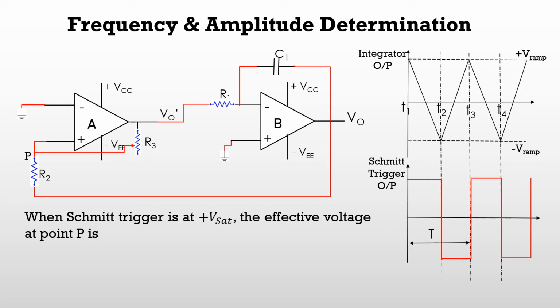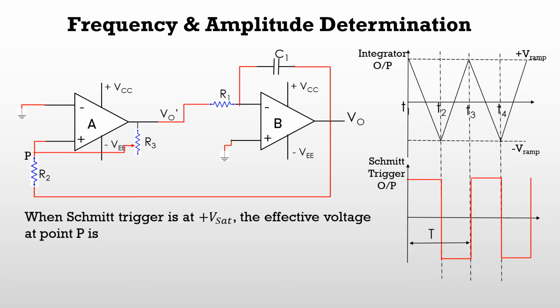Just before the switching occurs, we are going to find the potential at the point P of this circuit, which is the input voltage at the Schmitt trigger, or the voltage across the resistance R2.